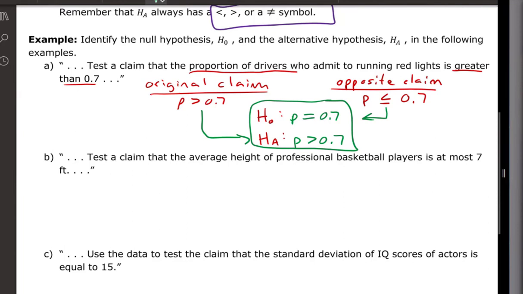So look at B. We have a test to claim that the average height of professional basketball players is at most 7 feet. So we want average height is at most 7 feet. Okay, so let's do original claim and opposite claim first.